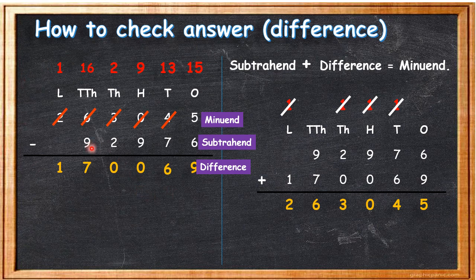After subtracting 92,976 from 2,63,045, we got 1,70,069. So here 1,70,069 is our difference, 92,976 is the subtrahend, and 2,63,045 is the minuend. And after adding the subtrahend and difference, if we get the minuend, that means our subtraction sum is right.